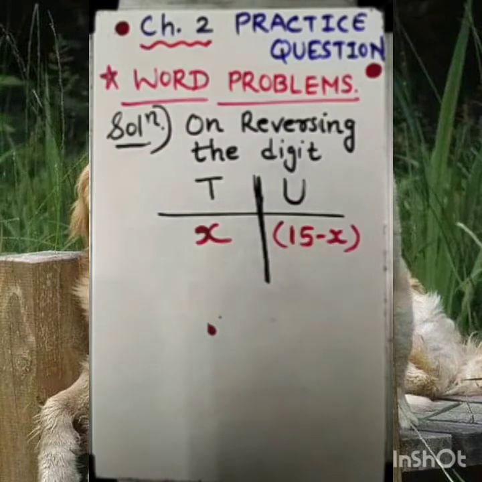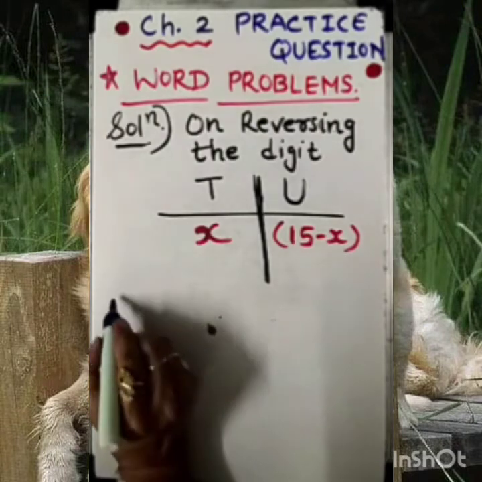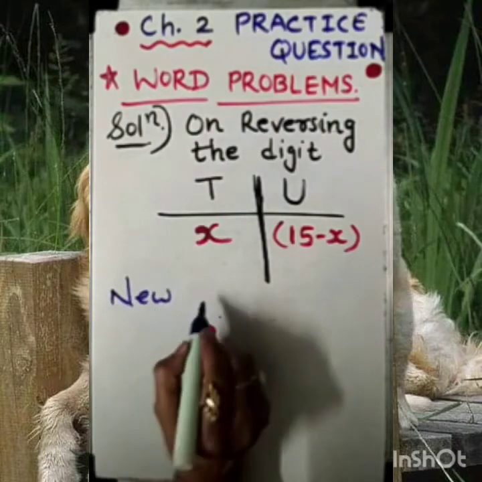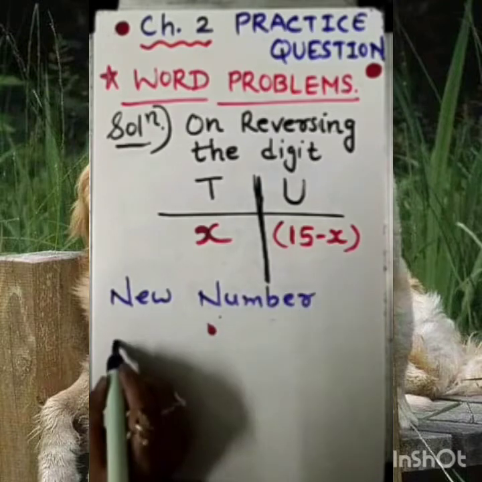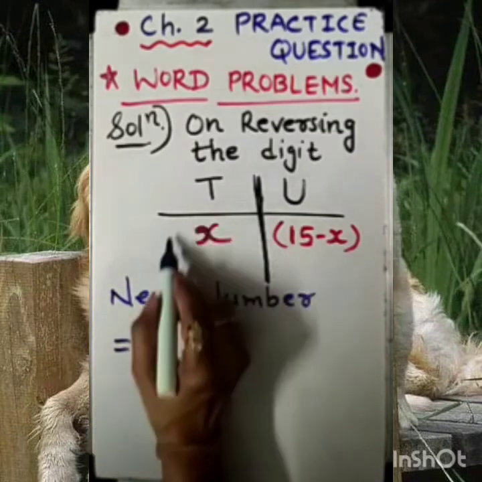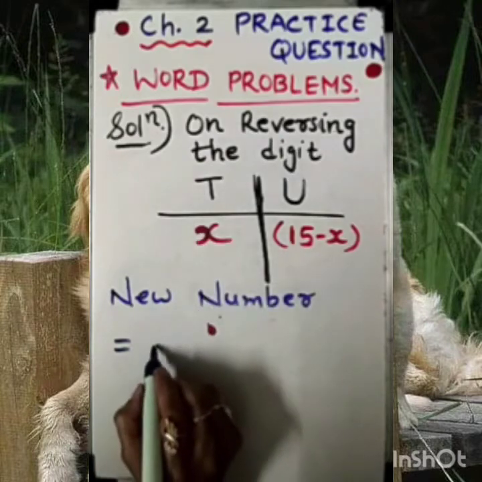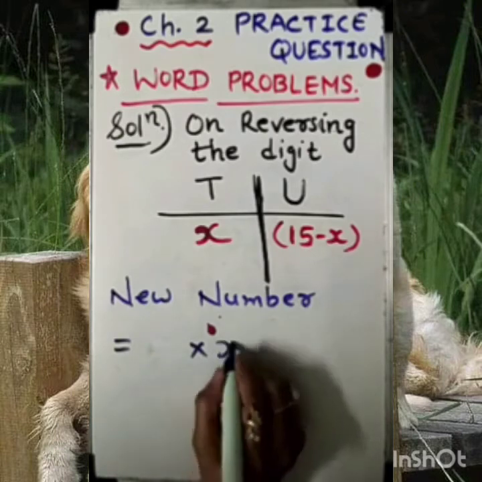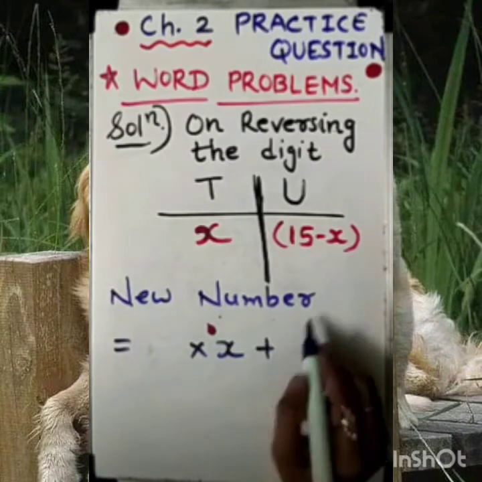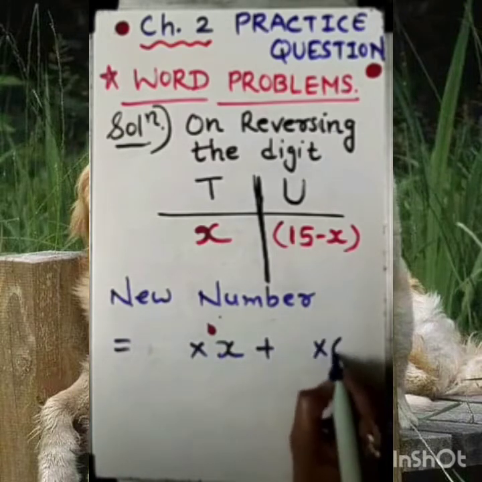So dear student, let's note down the new number which is formed by reversing this. The new number, we know the tens place digit should be multiplied by 10. So I need to mention here 10 into this x plus the unit place digit multiplied by 1.